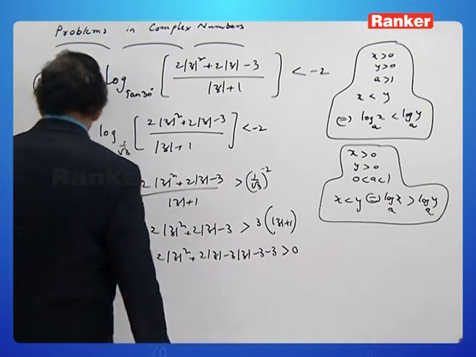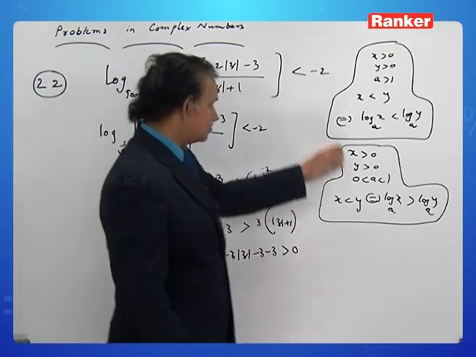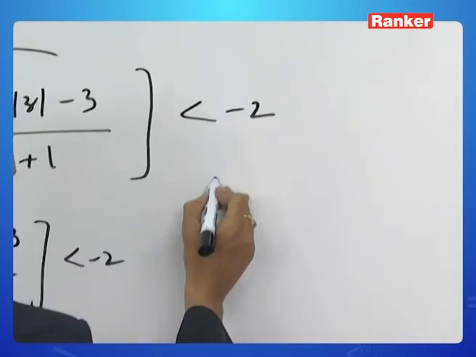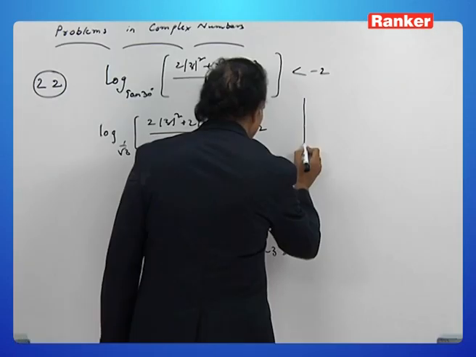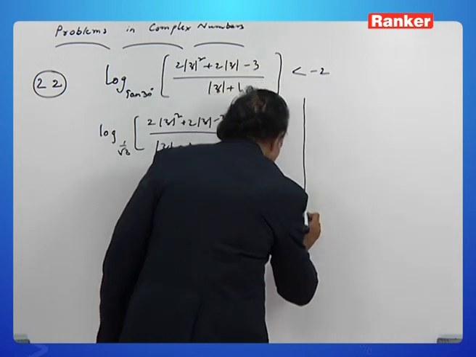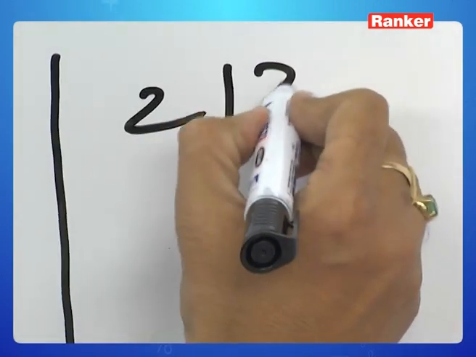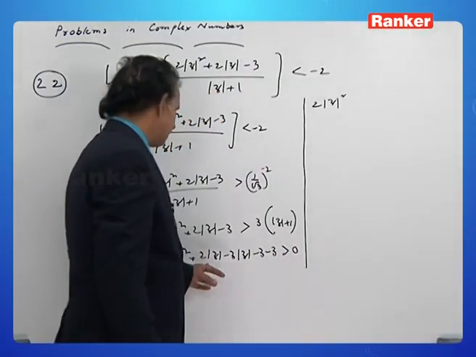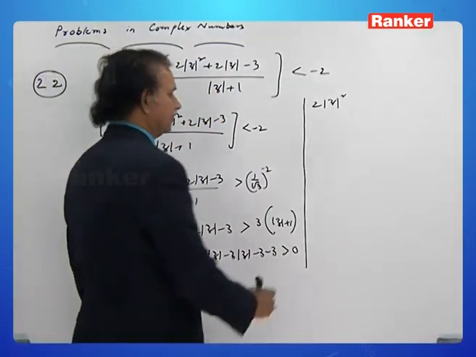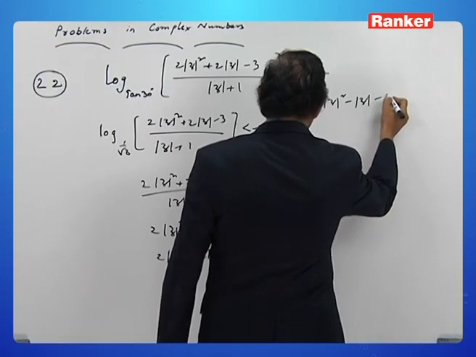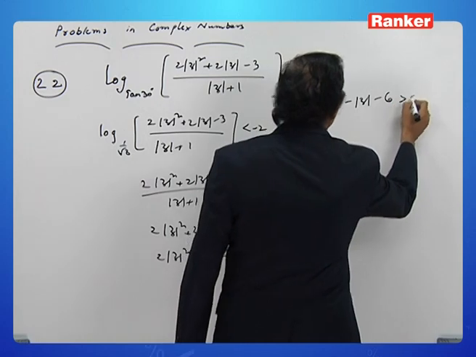Now let me simplify further. That is 2 mod z square plus 2 mod z minus 3 mod z is minus mod z, minus 6 is greater than 0.